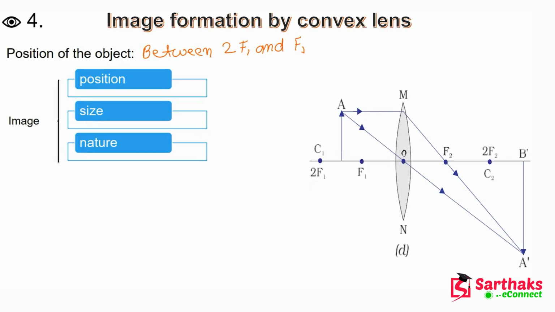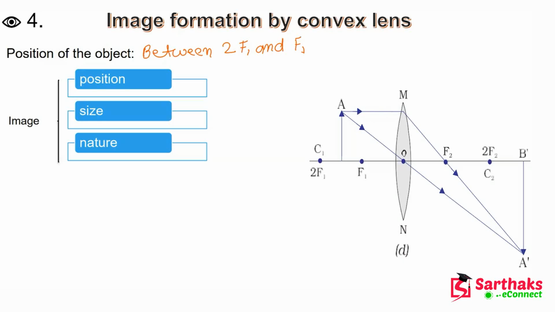Now in this case, where will our image form? To figure this out, we will simply draw a ray diagram. This is a ray which is going parallel to the principal axis, and after the refraction it is passing through this point F2, because we know from ray diagrams that whenever a ray comes parallel to the principal axis, it always passes through the point F2.